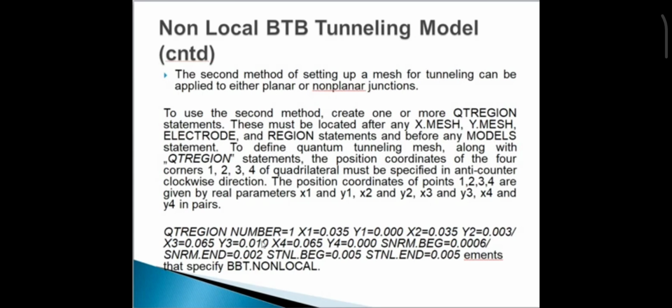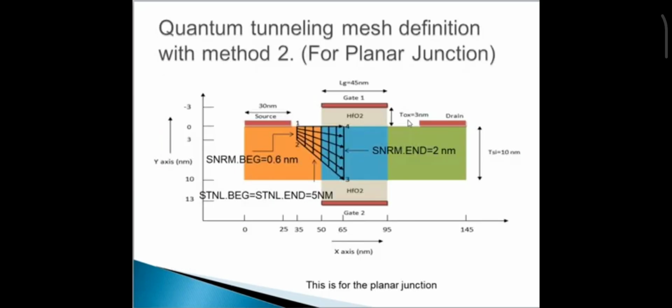If the structure is non-planar, then we can use a number of QT region statements 1, 2, 3, 4 and make a number of rectangular coordinates. This is for the planar junction. For a non-planar junction, you have to make a number of QT region statements. We will discuss the non-planar junction in the next slide.